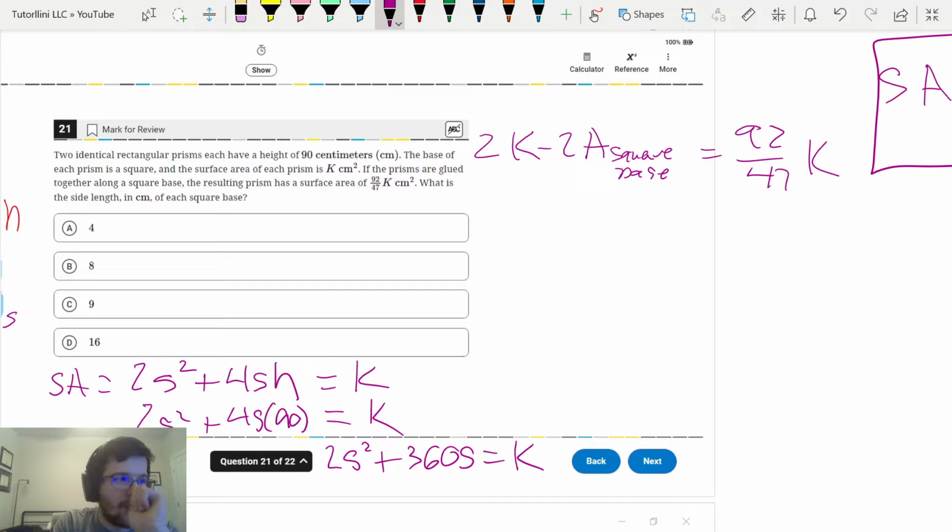So I'm going to move the 2 times area of a square over here and then flip it. And then I'm going to move this guy over here and then flip it. So 2k minus 92 over 47 on my calculator. That's 2 over 47. So it gives you 2 over 47k.